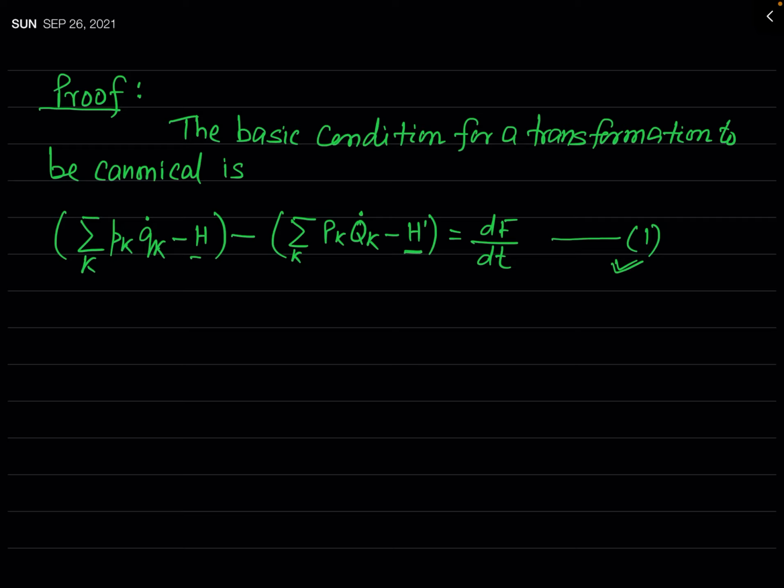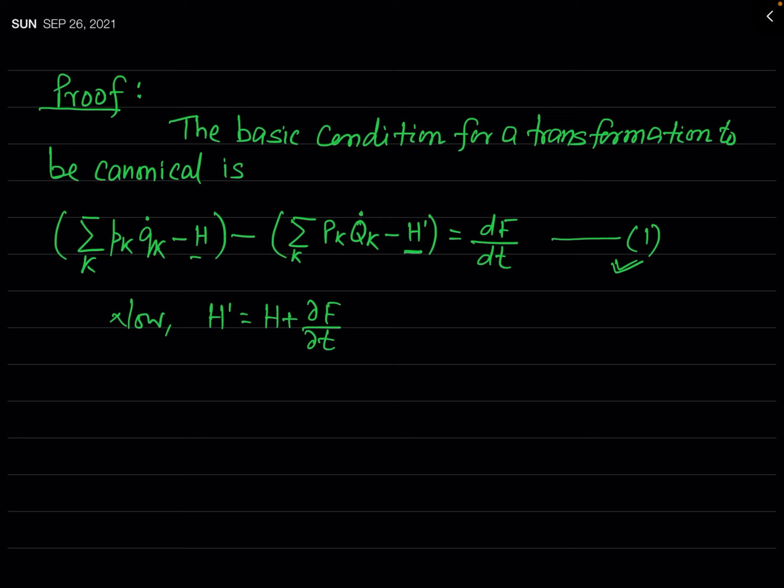How they are related? You have discussed this in the previous lecture in detail. So now you know that the new Hamiltonian H prime is equal to H plus del F by del t.